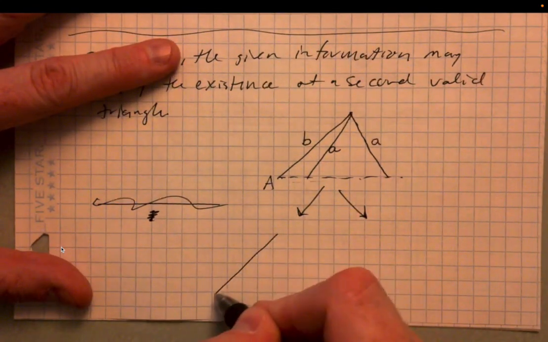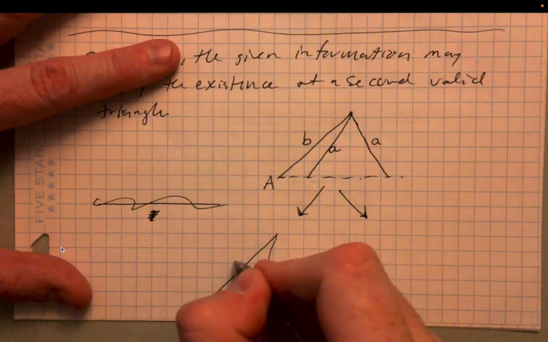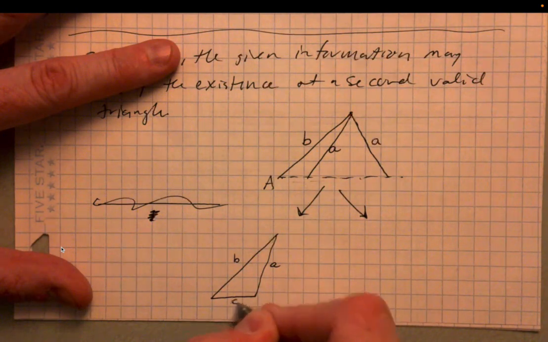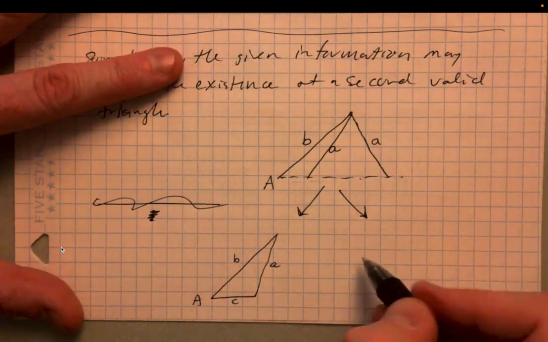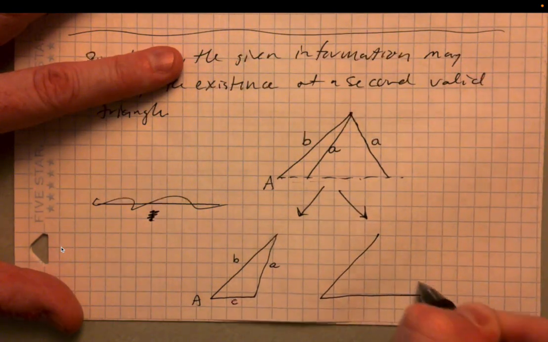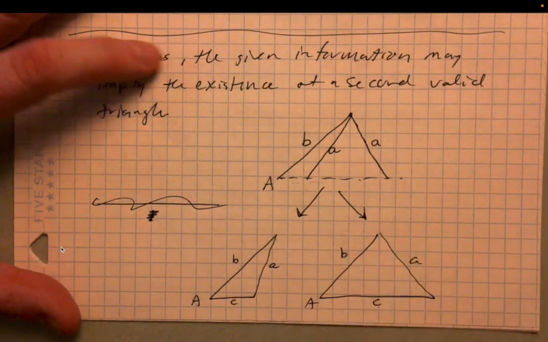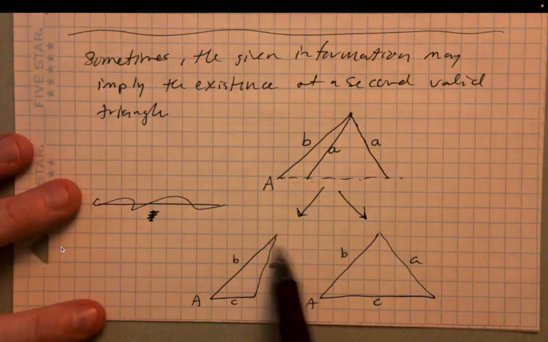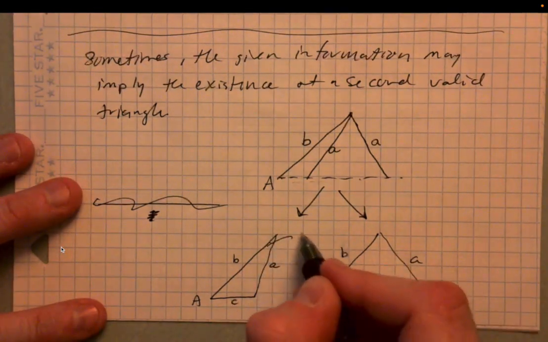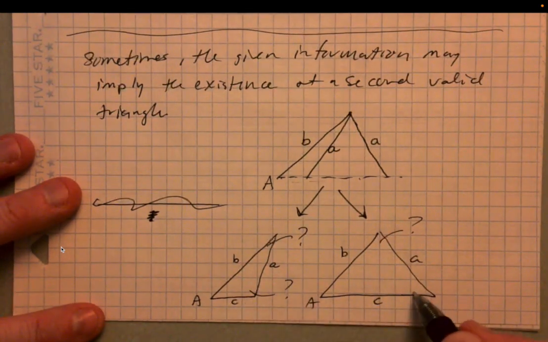Right, so I've got this triangle here, where this is my B, this is my A, and this is my C. But I've also got this triangle here, this kind of bigger triangle. Okay, remember, I know nothing about this angle. This is unknown. And I don't know anything about this angle.